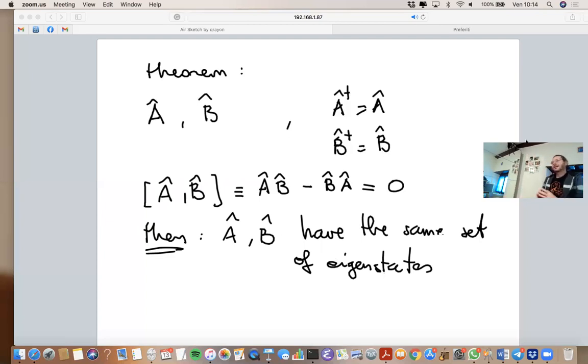So in general, every Hermitian operator has a complete set of eigenstates. And the question this theorem addresses is, under what condition do two different operators have the same set of eigenstates?